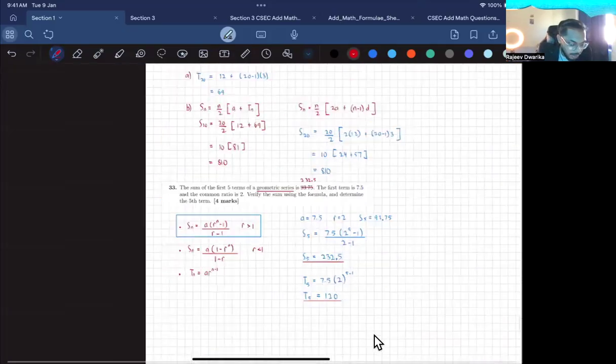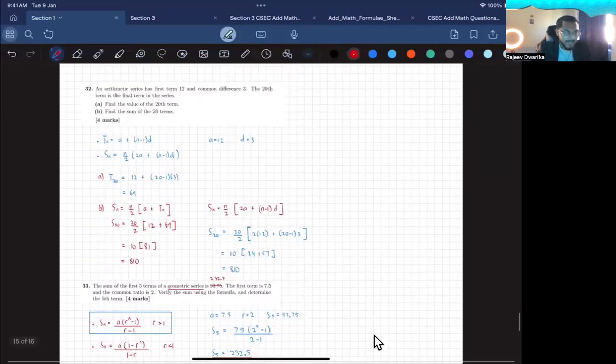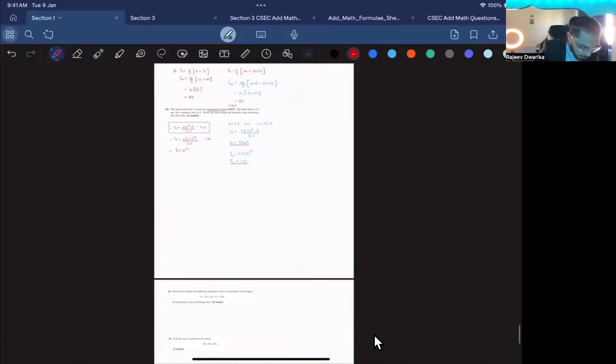Okay, so for everybody in class, anytime you work on a question, if they give away what kind of series it is, underline it and put down all the formulas you're going to need, one time. The T of n formula is the formula you would use to figure out the nth term. It could be the 20th, it could be the 19th term, it could be any term. And anytime you see sum, take the S of n formula. One time. Right.